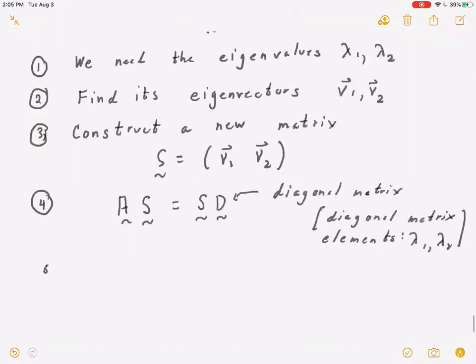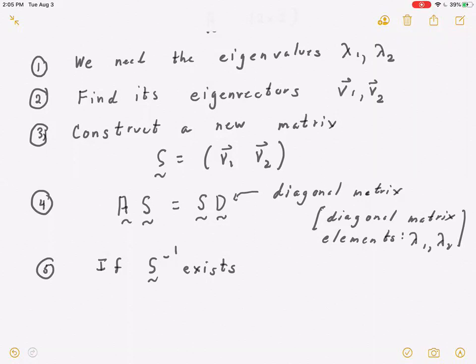Okay, next in this prescription, if the inverse of S exists, and that's a big if, as we'll see in problem set 12, it's not always true that the inverse of S exists. So just because you write down a matrix doesn't mean you can always diagonalize it. But I will say that most matrices that you can come up with are diagonalizable.